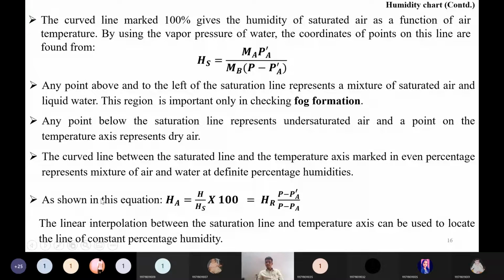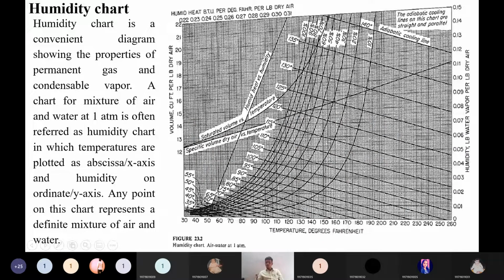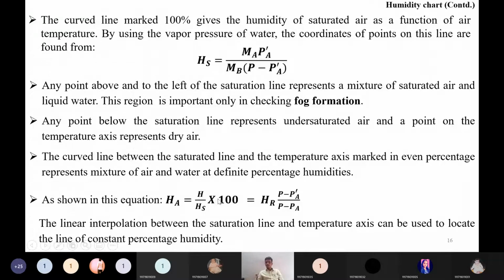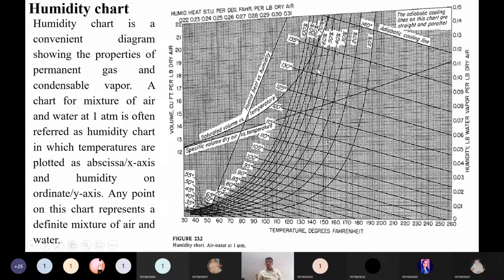As shown in this equation, the percentage humidity can be calculated. That is nothing but the ratio of H by Hs, absolute humidity divided by saturation humidity, that is this line and the 100% line, into 100. That is always equal to relative humidity multiplied by (total pressure minus vapor pressure) divided by (total pressure minus partial pressure). Using this equation, we can find out all these lines.